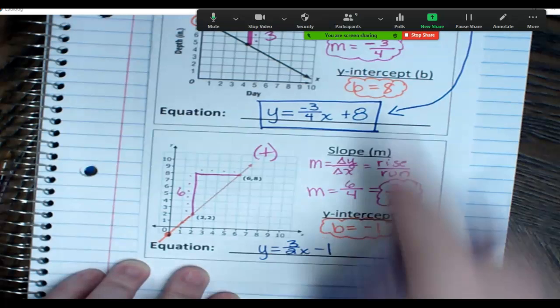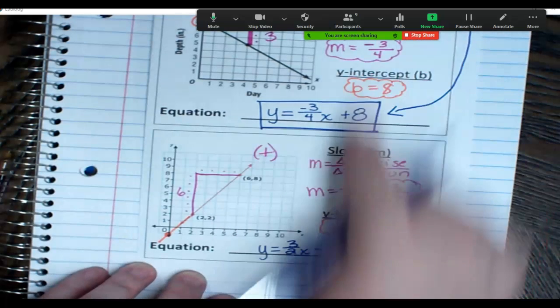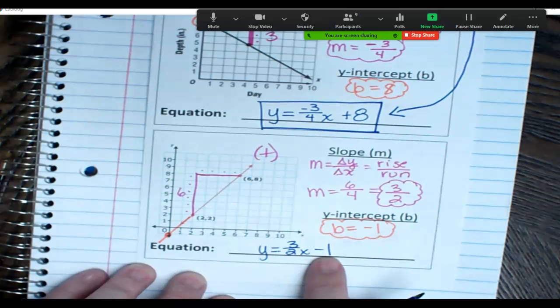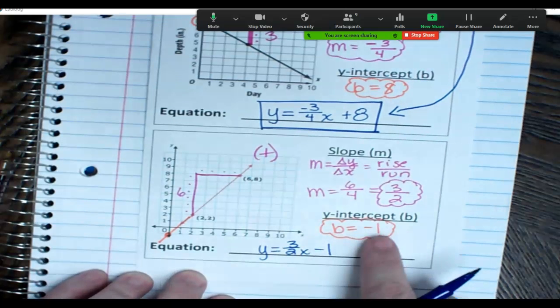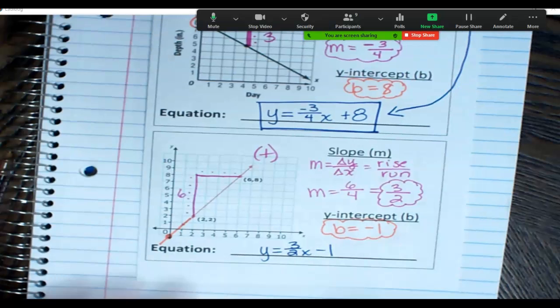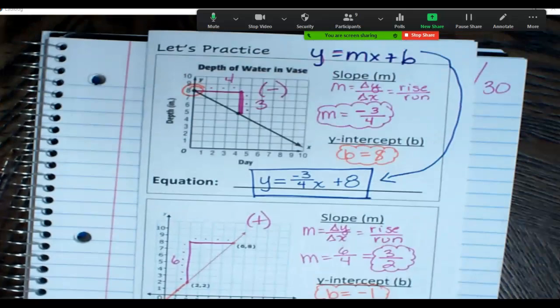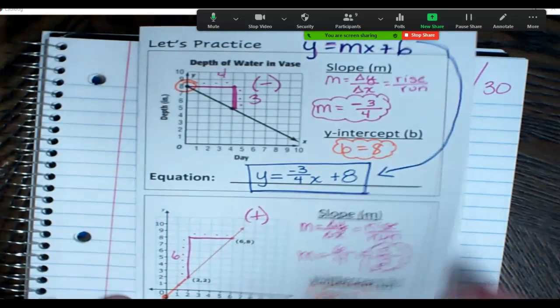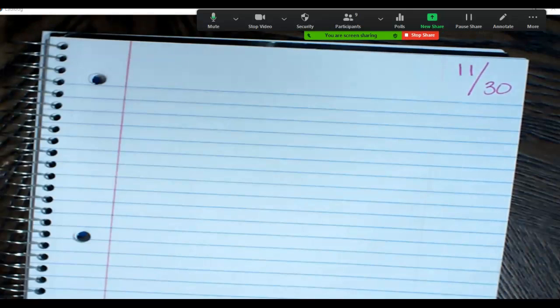But this says y equals mx plus b. Why is this negative? Because the y-intercept is negative 1, yes. Good. All right. Those of you on campus, you can go ahead and glue this into your spiral. Those of you online, you can either print it and glue it into your spiral or keep it saved someplace where you can reference it.